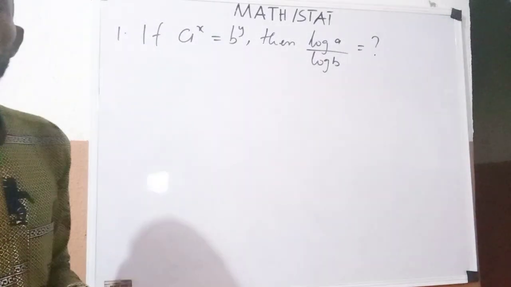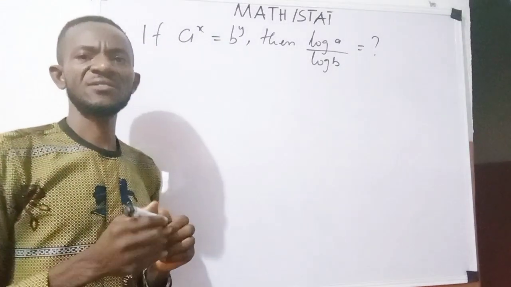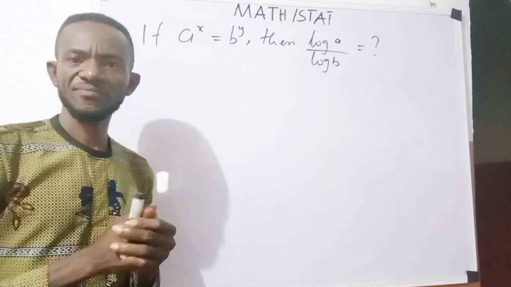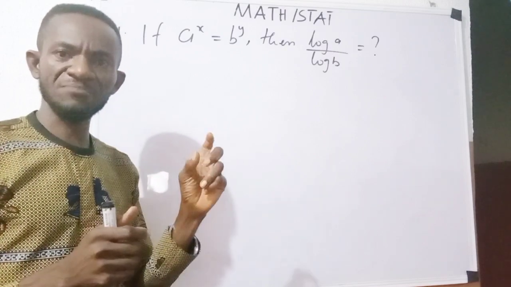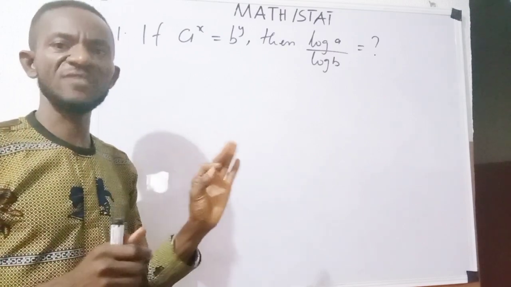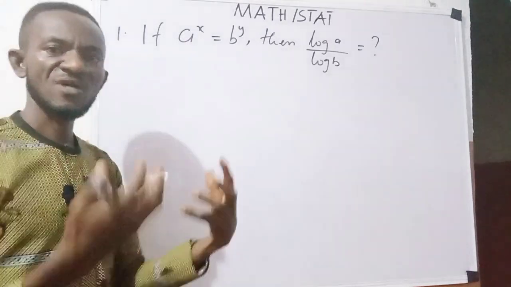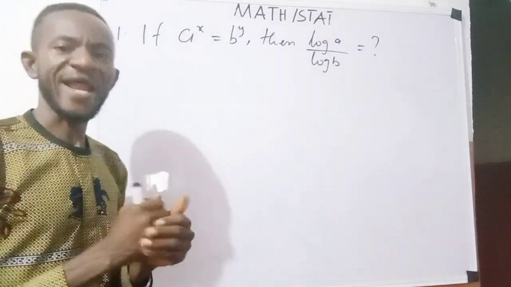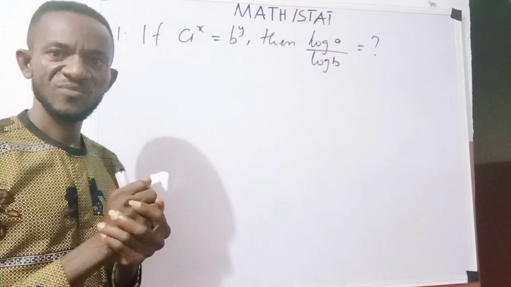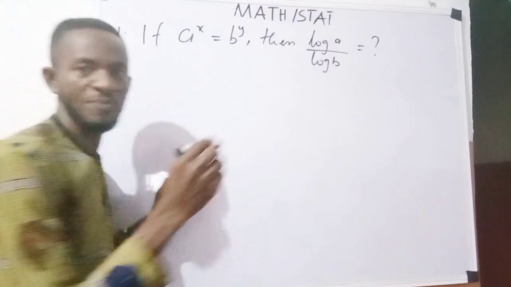Very simple, demanding question, which a smart student, or a student with the idea of indices and logarithm, can quickly arrive at the answer. So as a way of solution, what I'm going to do.